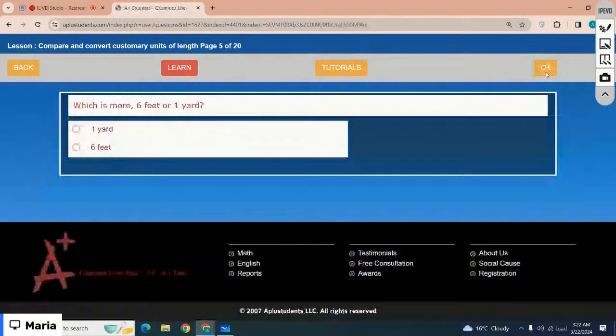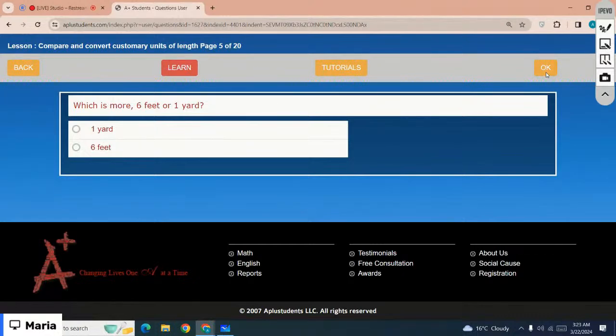Which is more, 1 yard or 6 feet? In 1 yard you have 3 feet, right?